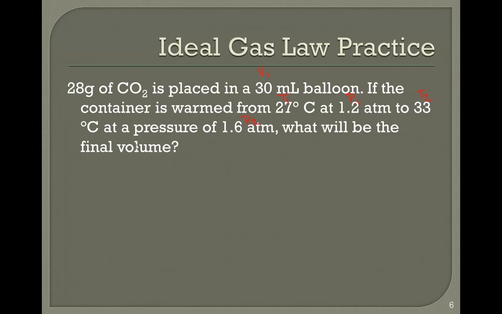So we're looking for V2. Now, since the number of molecules did not change, I'm not even going to worry about the 28 grams. That's just extra information. I could convert it to moles, but the same amount of moles would be at the beginning as at the end.